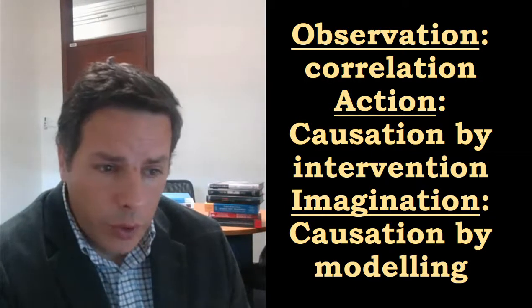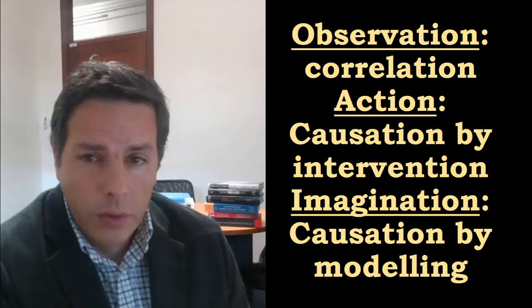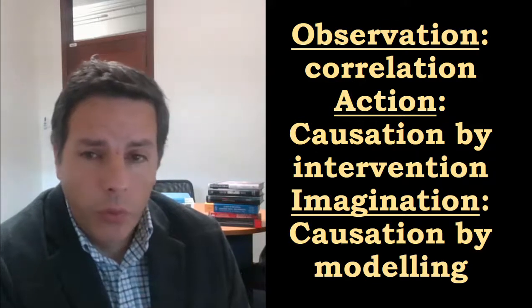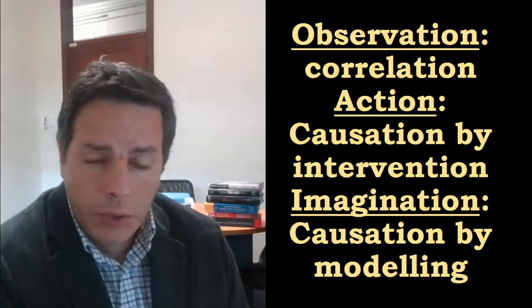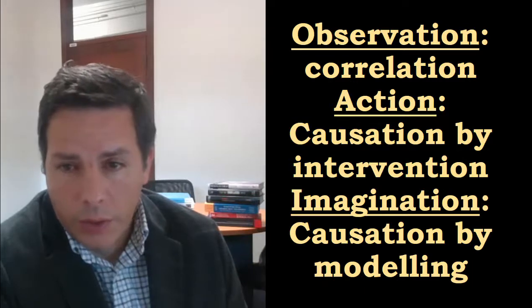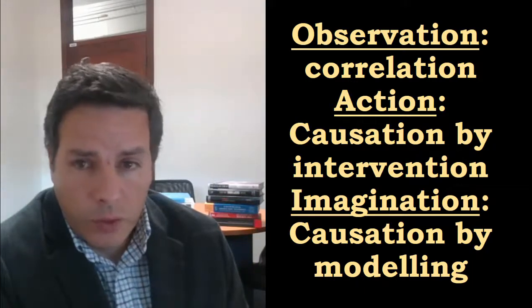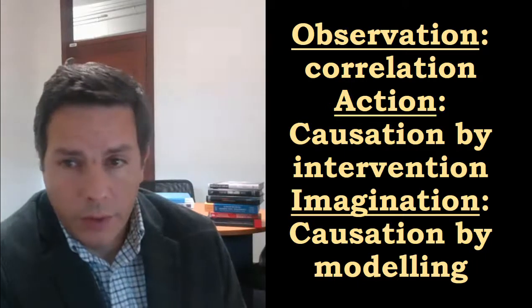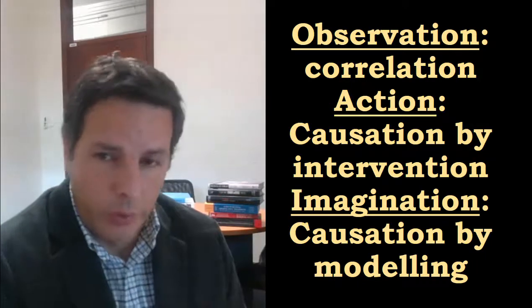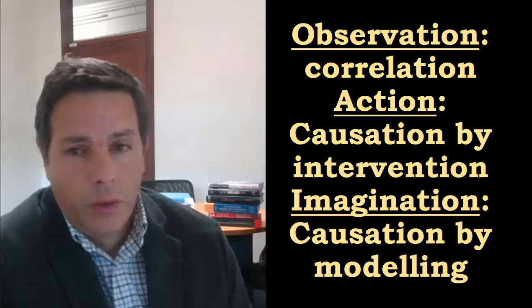So if we observe the values of variables as they occur without doing any intervention, then we can only establish that two variables are correlated. And that could be very important to know. In fact, it is very important, but we cannot establish causation.